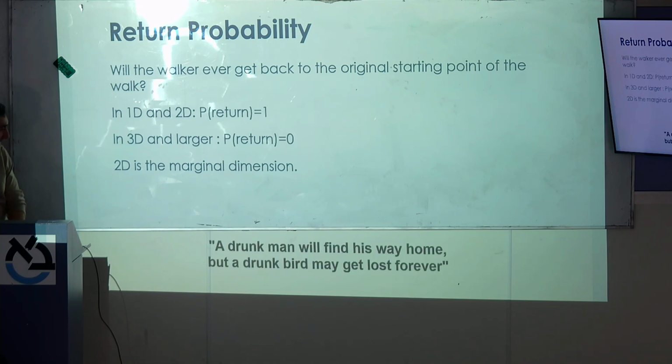So I wrote it like that: a drunk man will find his way home all the time because he's walking in a two-dimensional space, but a drunk bird may never come back home and will get lost forever. So why do we have this difference? Do you have any intuition for that?